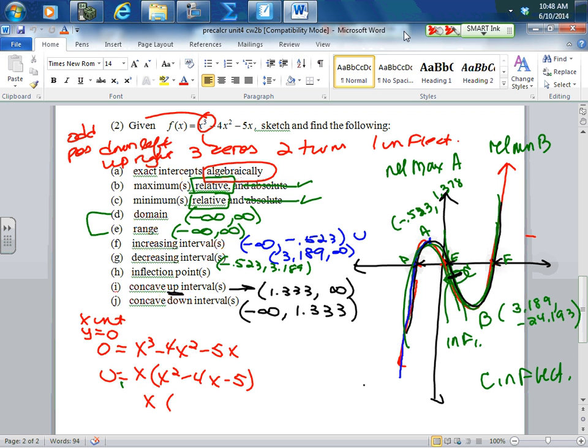So therefore I can factor this into 2 binomials. I need to get a negative when I multiply, so I got a plus and a minus. And factors of 5, there's only one, 5 and 1. And I need the negative to be the higher number. I set all of these equal to 0. So x is equal to 0, x is equal to negative 1, x is equal to 5. Here's my intercepts.